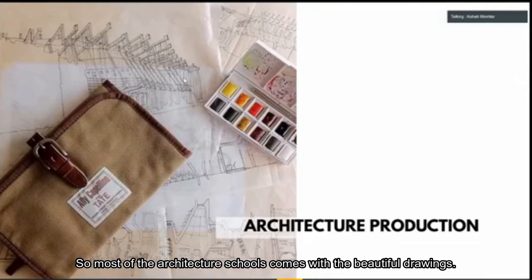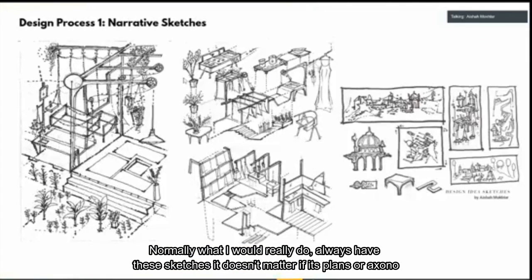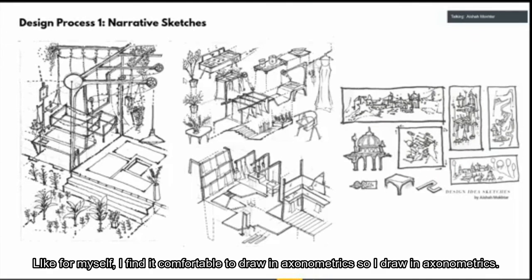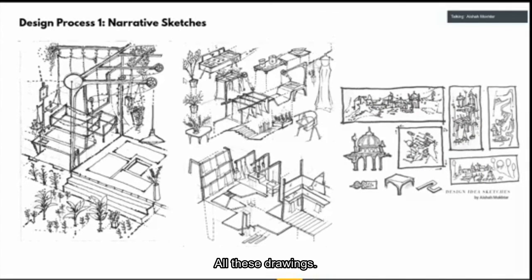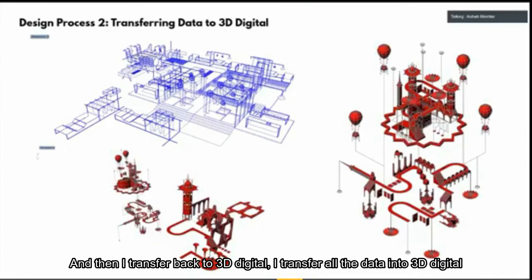Most architecture schools come with beautiful drawings. I always have these sketches, and it doesn't matter whether in plan or axonometric. Myself, I'm comfortable drawing in axonometric, so I always draw in axonometric, and then I transfer that into the 3D digital.